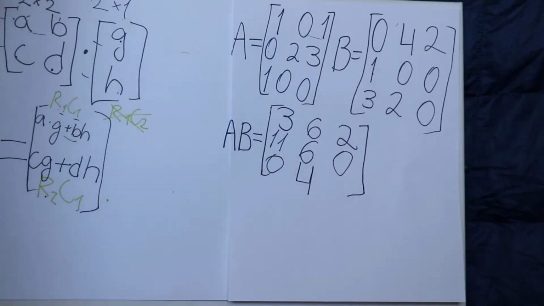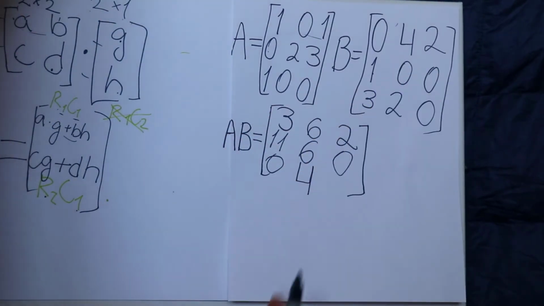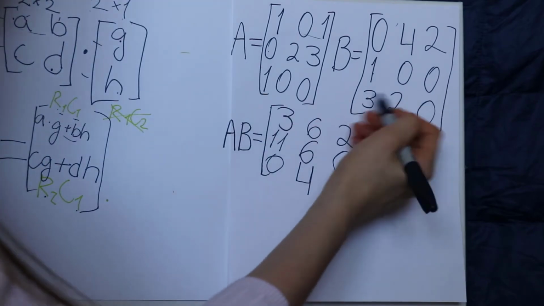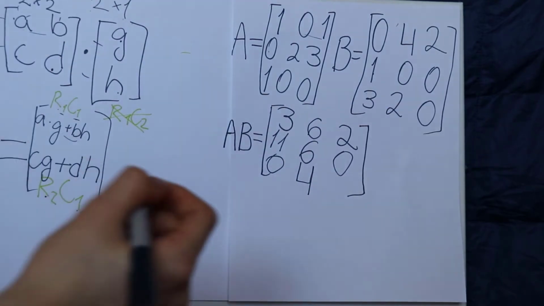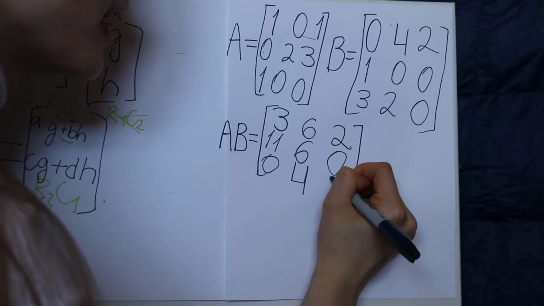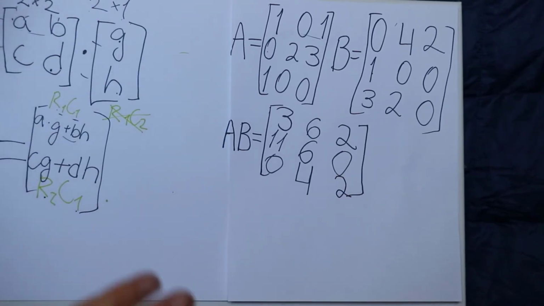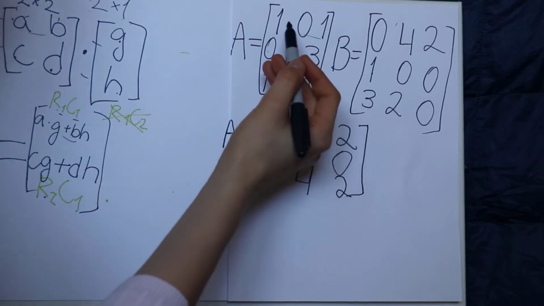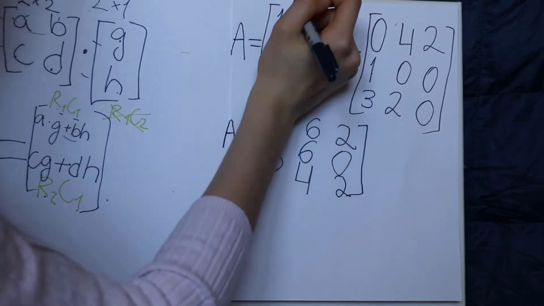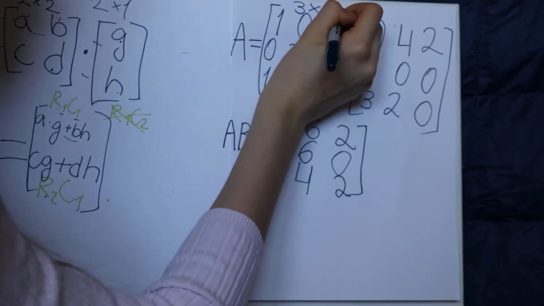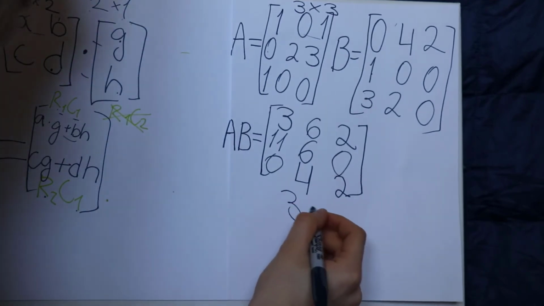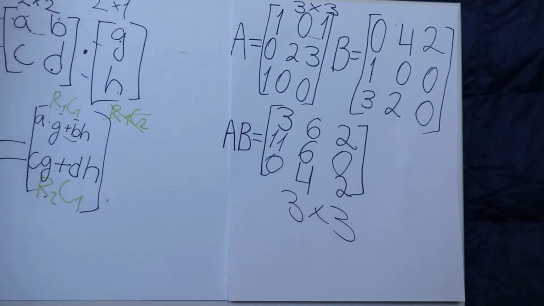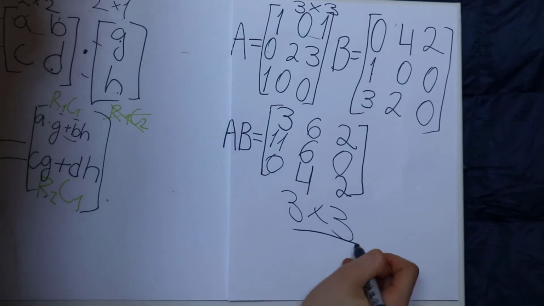And 2 times 1 is 2, and the rest are zeros. So 2 plus 0 is 2. Boom. Okay, so we multiplied two 3 by 3 matrices, and we got a 3 by 3 matrix. Is there a pattern here?